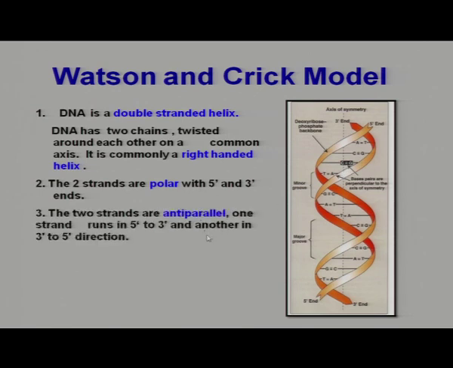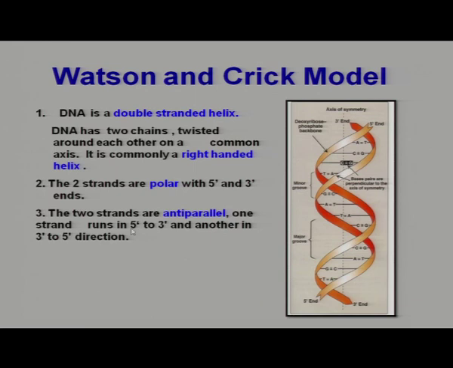Next feature of this model is both the strands are anti-parallel. Anti-parallel means one strand will be in 5 prime to 3 prime and the other strand will be in 3 prime to 5 prime. Both the strands cannot have the same ends. That means, if one strand has a 5 prime end, the other strand will not have a 5 prime end, there will be a 3 prime end. So, both the strands are anti-parallel in nature.